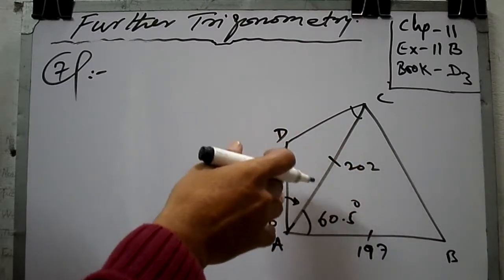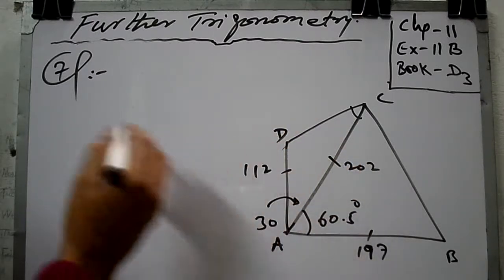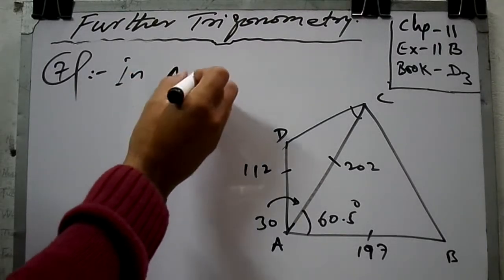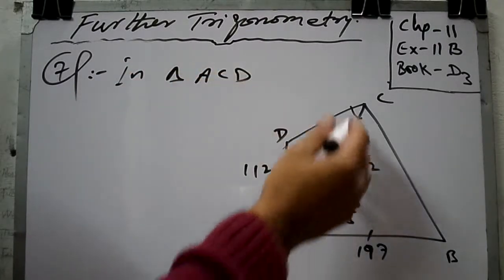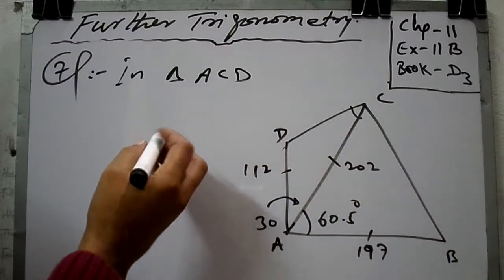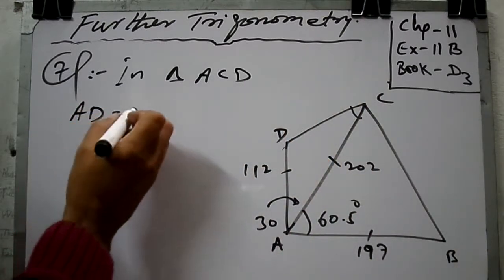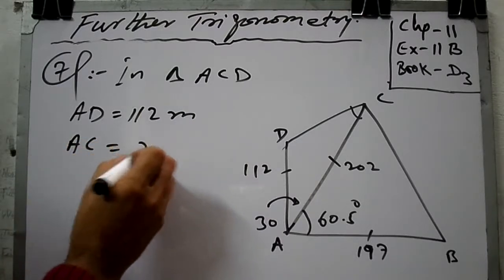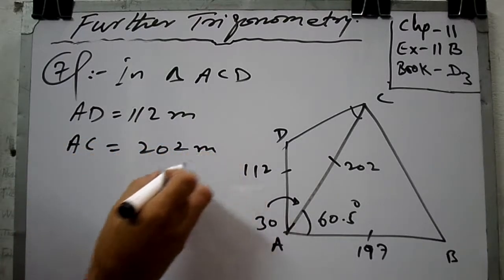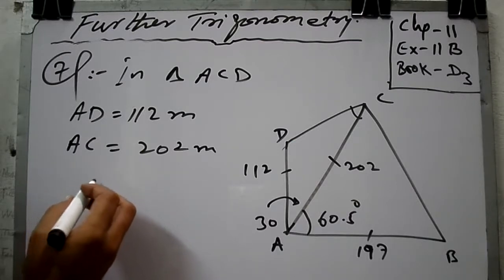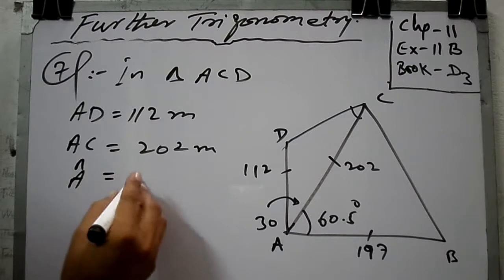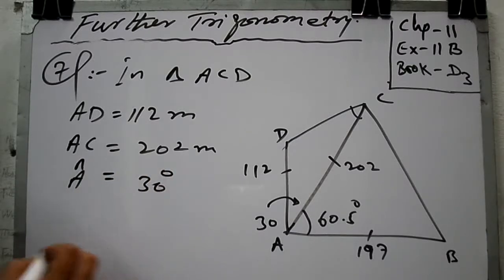So in the first triangle, for example, I take triangle ACD, in which AD is equal to 112 meter, AC is equal to 202 meter, and the angle A is equal to 30 degree.